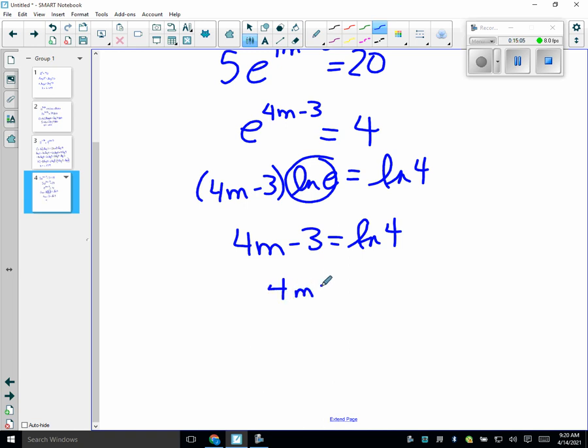So 4m equals ln of 4 plus 3, and then divide by 4. So m equals 1.0966. You okay with that?